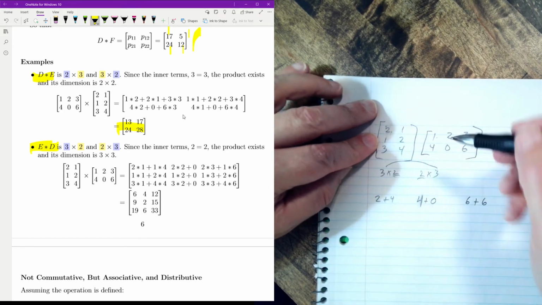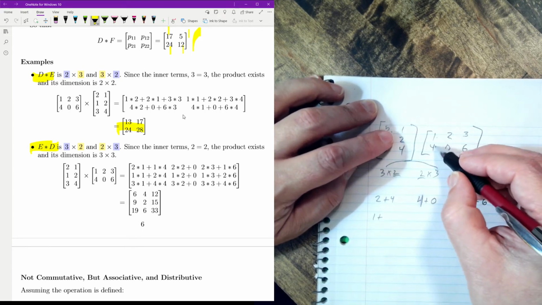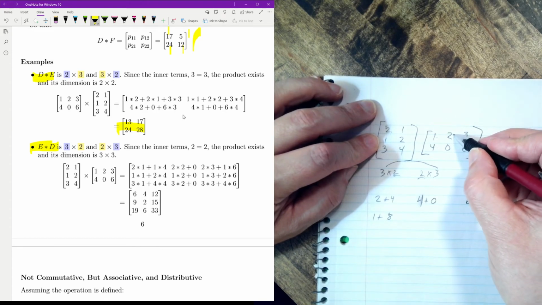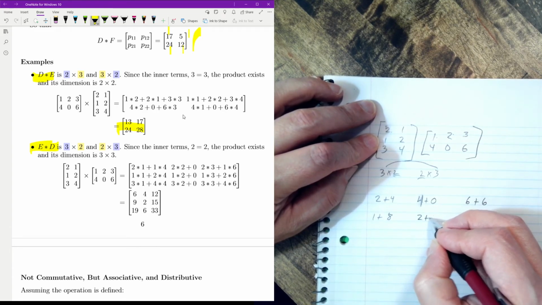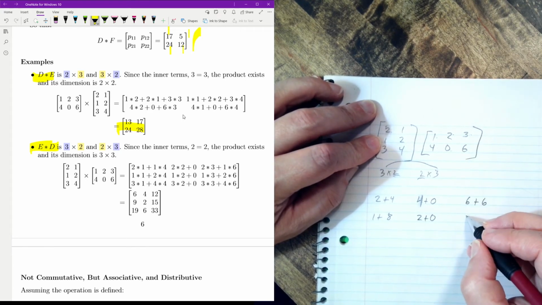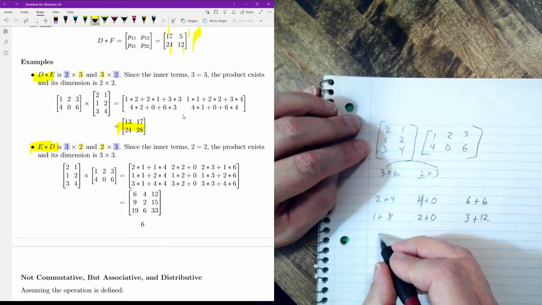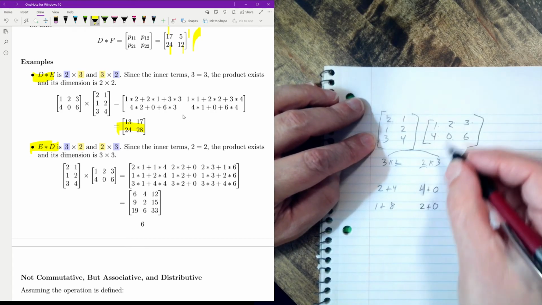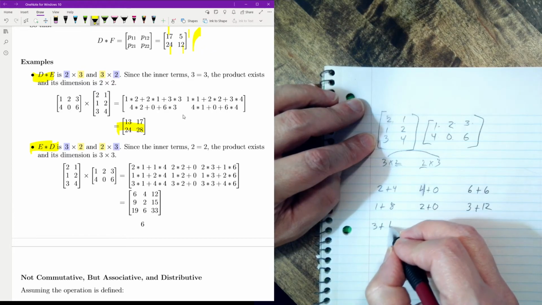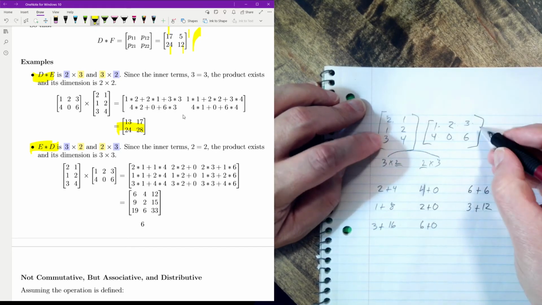Second row. 1 times 1 is 1 plus 2 times 4 is 8. 1 times 2 is 2 plus 0. And then 1 times 3 is 3 plus 2 times 6 is 12. And finally the last row. 3 times 1 is 3 plus 16. 3 times 2 is 6 plus 0.